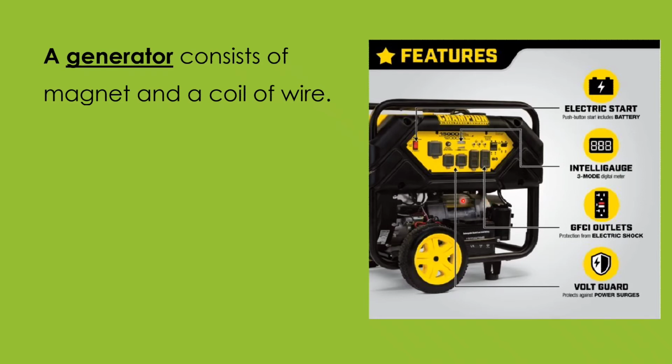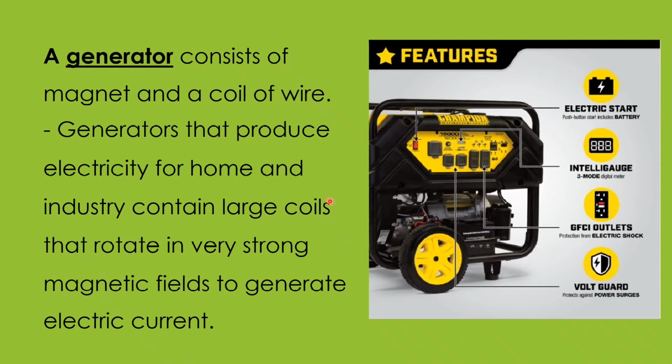The important principle of this generator is that it converts mechanical energy into electrical energy. That's why we can use it for electricity. Generators also produce electricity for homes and industry, containing large coils that rotate in very strong magnetic fields to generate electric current. Most companies and even some homes use a generator so that they can use electricity.